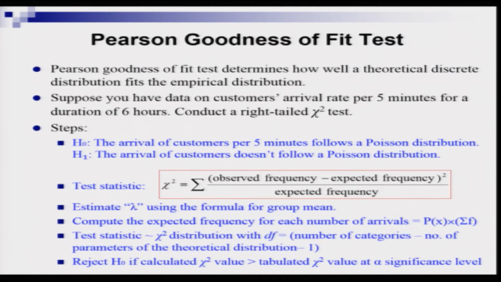Suppose I give you a data set on customer arrivals at some store or some bank, or it can be arrival of ships in a port, and you have this data at every 5th minute. So, you have arrival data for objects or customers per 5 minutes, and you have this data set available for say some 5-6 hours.